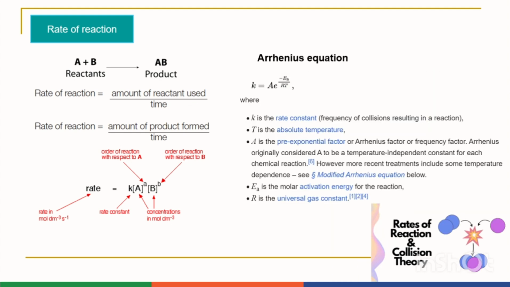The Arrhenius equation is a well-known equation to define rate constant. Arrhenius equation describes how the rate constant of a chemical reaction depends on the absolute temperature, activation energy, and frequency factor, which is related to the collision between reactant molecules.